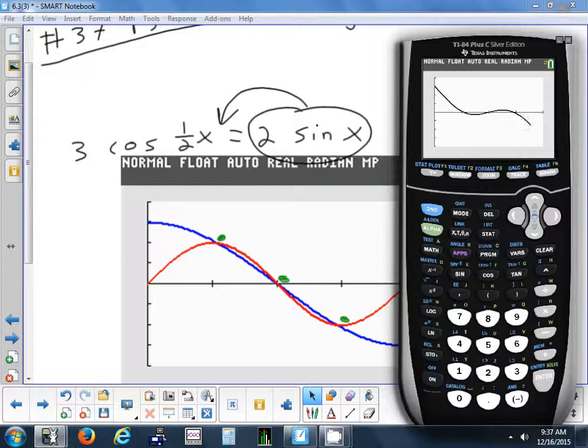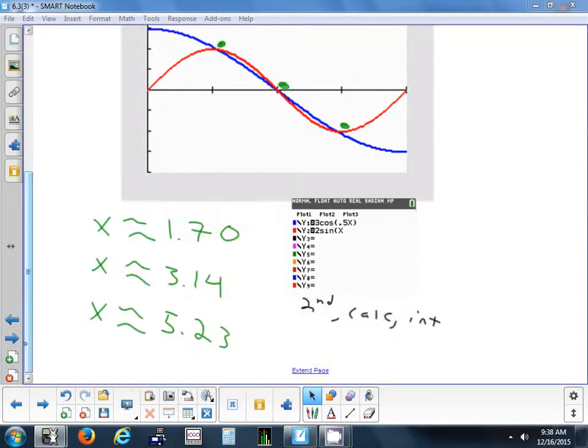Notice it crosses 3 times, in exactly the 3 spots we just got answers before. I'll just do the second one. Calculating 0, we get 3.14, which is exactly what we got.